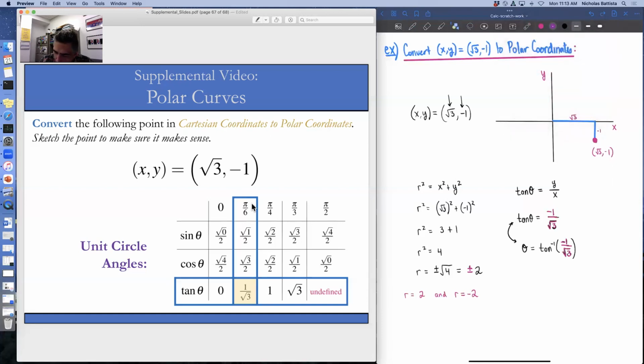The first angle in quadrant 2 is going to be the angle in which we have theta equal to 5 pi over 6. So one of the angles that we have to work with is theta is 5 pi over 6.